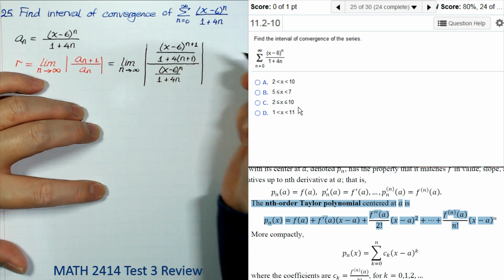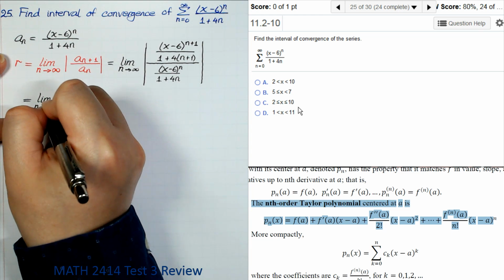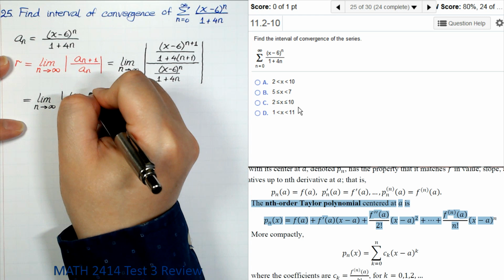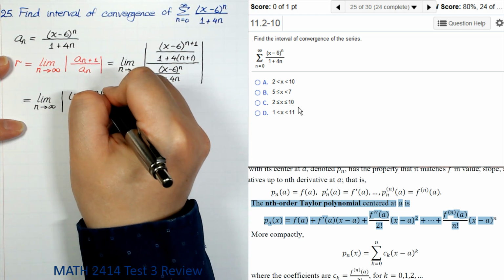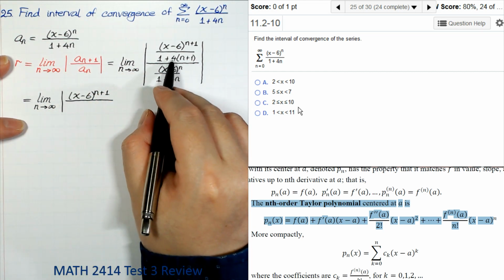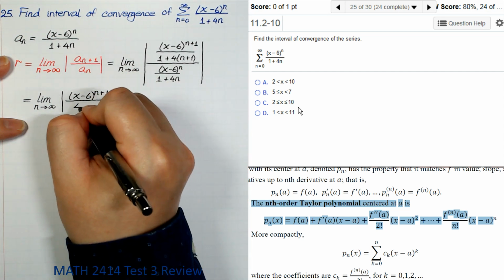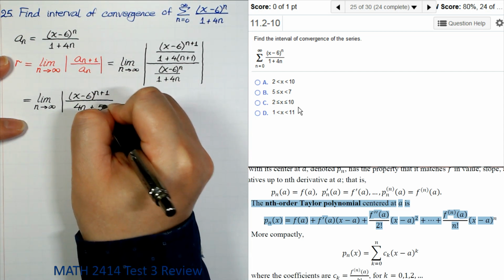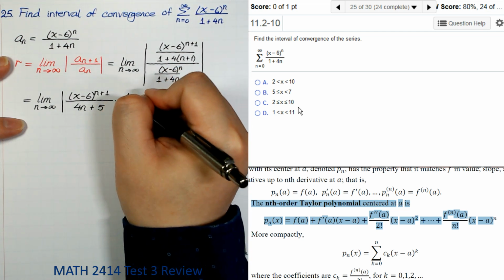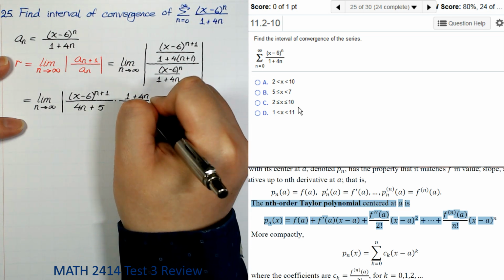Multiply by the reciprocal. This is 4 times n, and 4 times 1 is 4, so 4n plus 5. Multiply the reciprocal: 1 plus 4n on the top, (x minus 6) to the n.